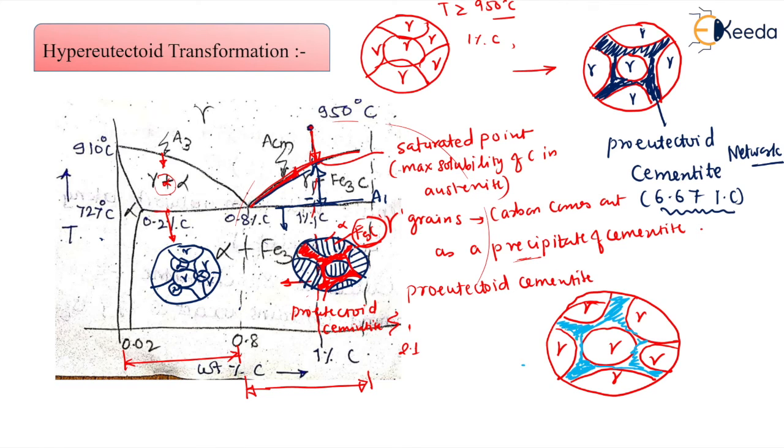Okay, and the one formed after the eutectoid, how has it been made after the eutectoid? That is in the form of layer by layer structure, layer by layer. So below the A1 line, no more austenite will be there, dear students. So definitely it will get converted into ferrite and cementite in the lamellar form, like this.